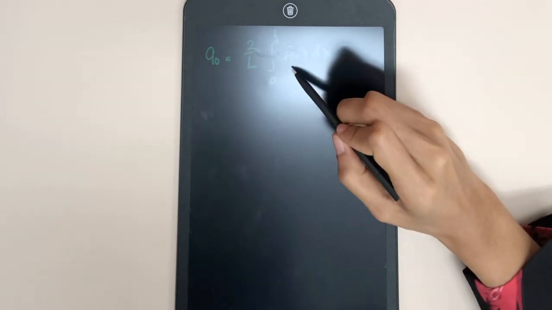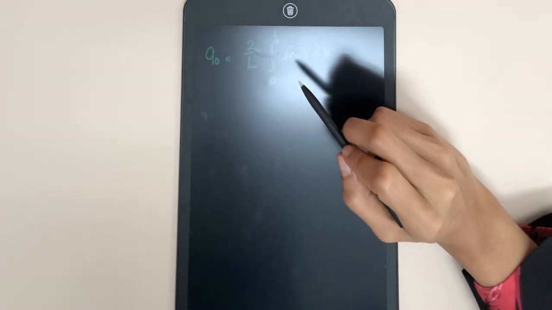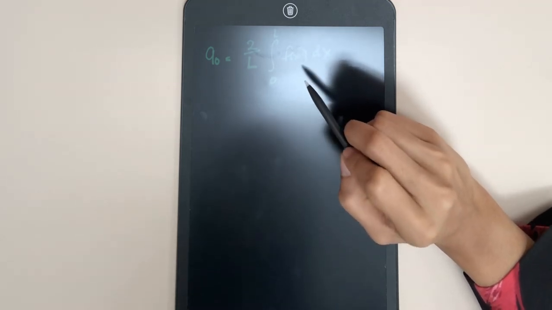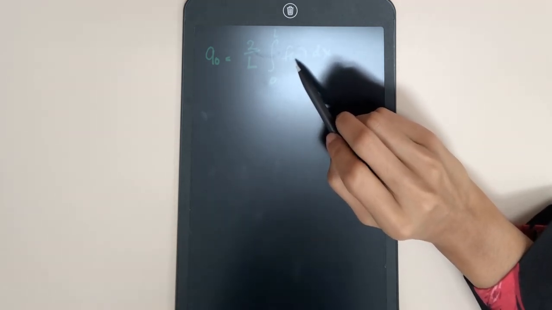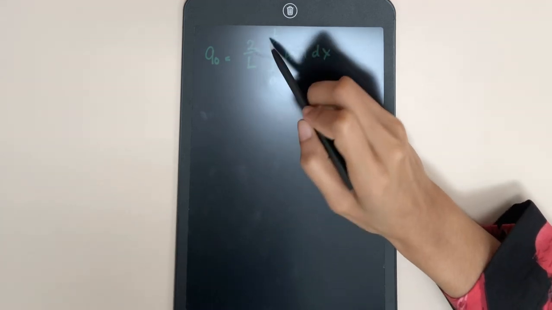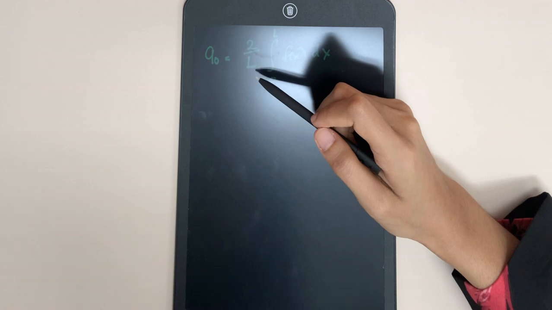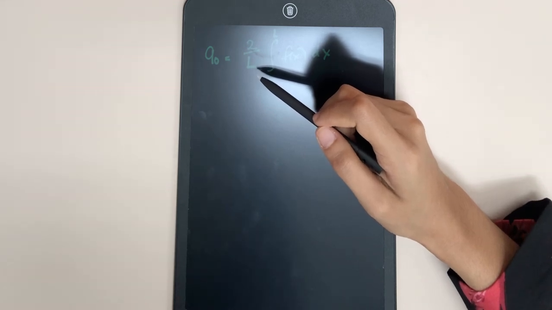So f(x) here, you just refer to the equation given in your question. 2 over L, from 0 to L. So what is meant by L? L is the interval.